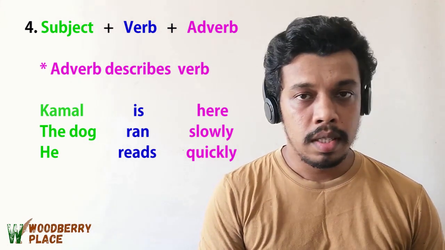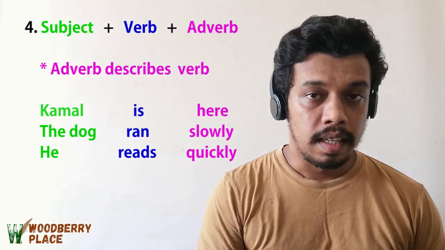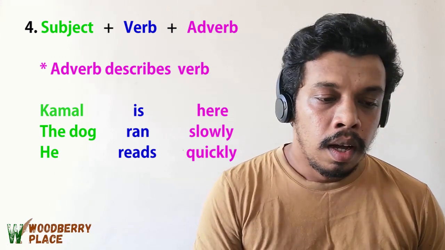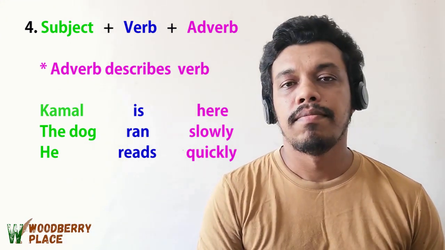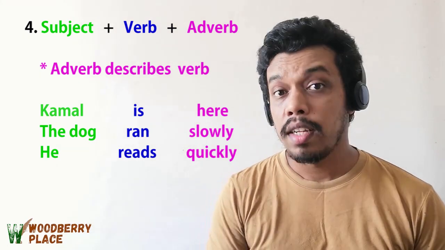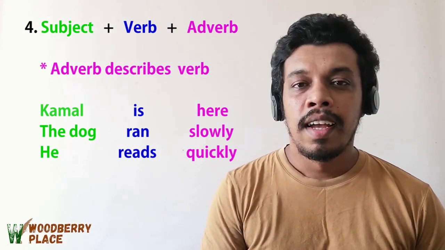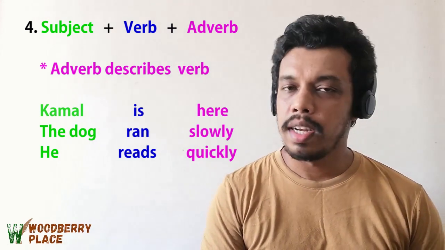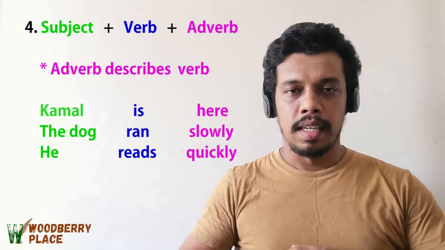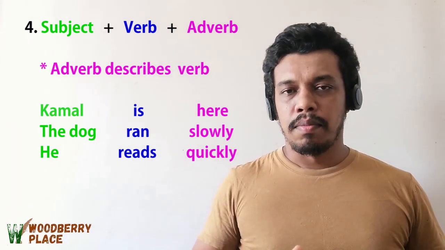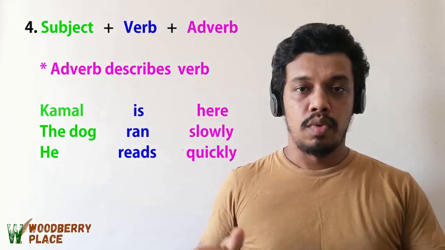So now let's take a look at the examples. Kamal is here. The dog ran slowly. He reads quickly. As you can see, these examples consist of an adverb.